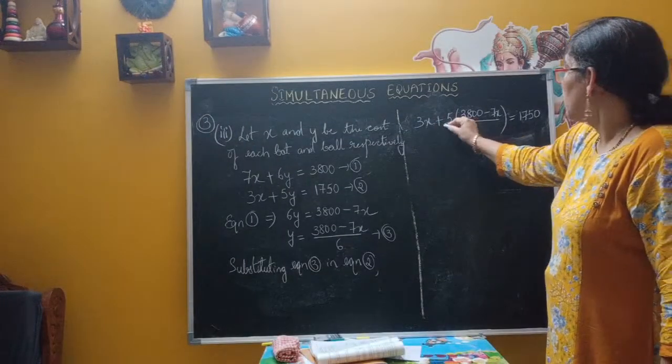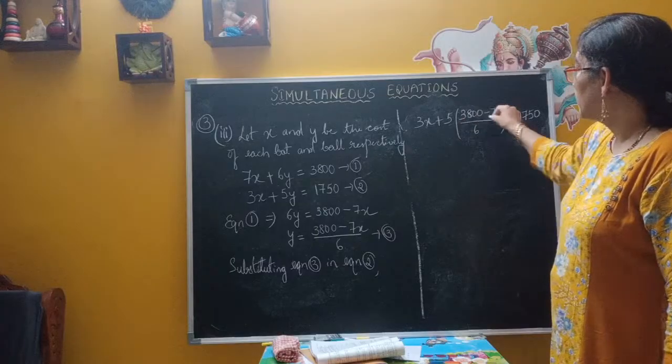So here this is 5, means 5 by 1. So multiply the numerator with 5.